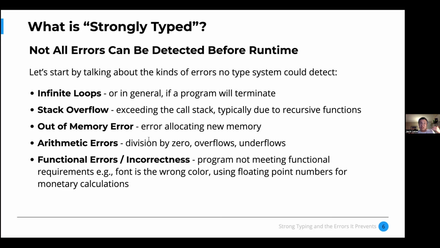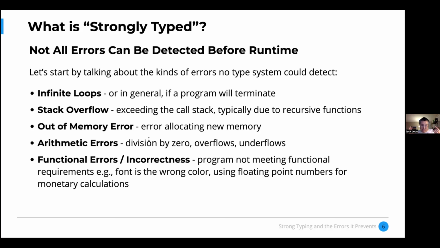Stack overflows, out of memory errors, so basically resource exhaustion problems, are not going to be caught at compile time. Arithmetic errors are technically possible, but in general, division by zero, overflows or underflows are not caught at compile time. Rust actually has an option, for instance checked add, that basically says if your addition overflows, you actually have to handle it. But by default, it's usually not the case.